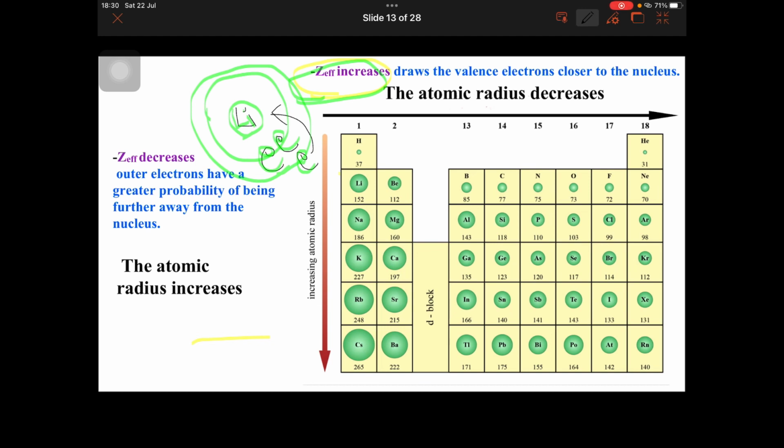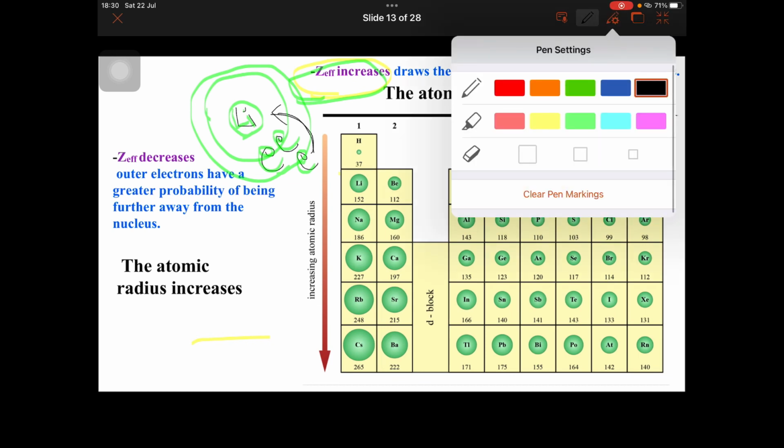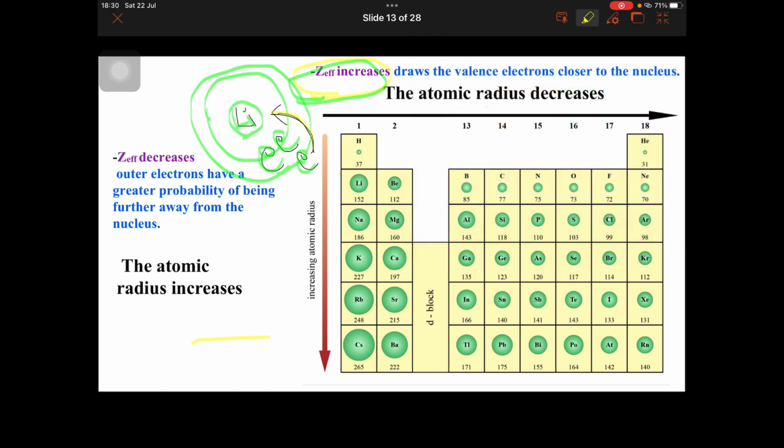Now as you can see here, as the effective nuclear charge increases, the attraction of this valence electron increases. So the higher the effective nuclear charge across a period, the valence electrons are more and more attracted towards the nucleus, which means, as you can see from this diagram, the size of the atoms has decreased.